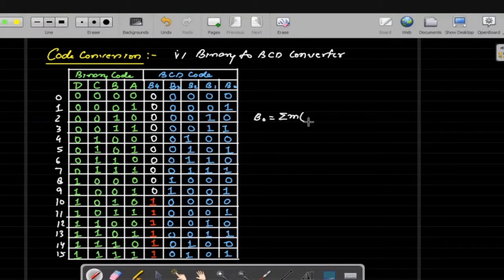Tell me, what will be the B0 expression? Summation m, 1, 3, 5, 7, 9, 11, 13, 15. What about B1?